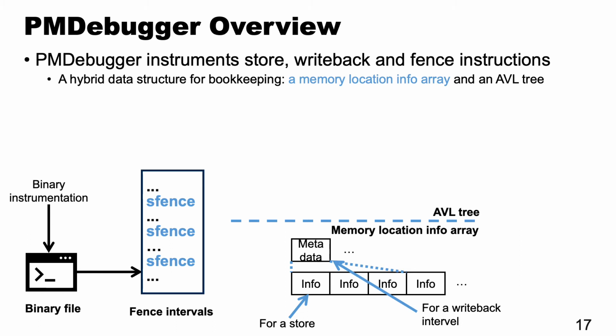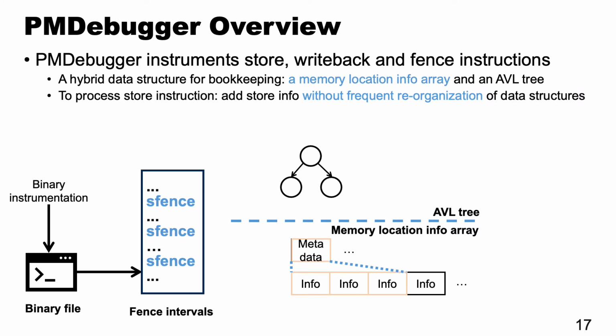Metadata records the information of a write-back interval. The AVL tree is used to receive the memory location information from the array. Using the array structure, memory location information can be directly inserted into the array without reorganization. Such fast processing of stores is necessary due to pattern 3.